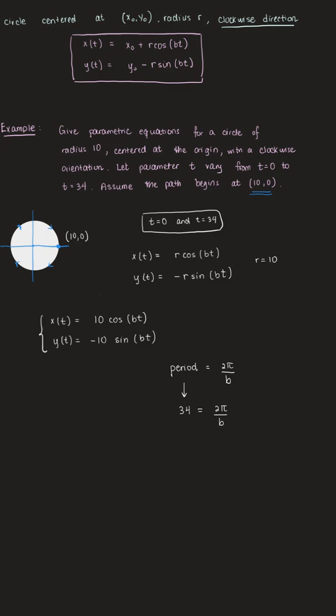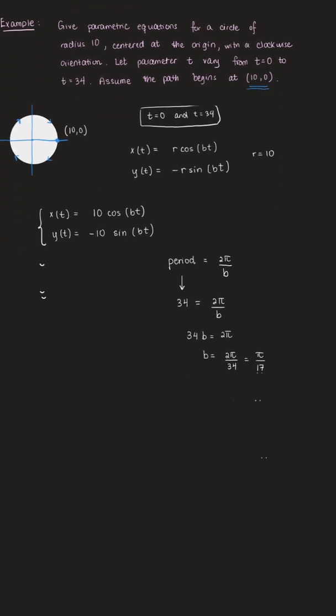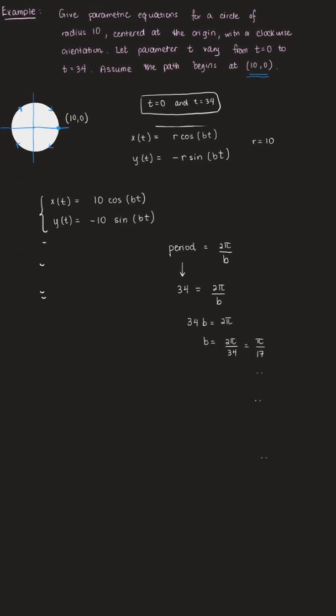So if we cross multiply here, we have that 34b equals 2 pi. And our value of b is 2 pi over 34, or pi over 17. So let's write our equation. We'll check to make sure that we're correct.